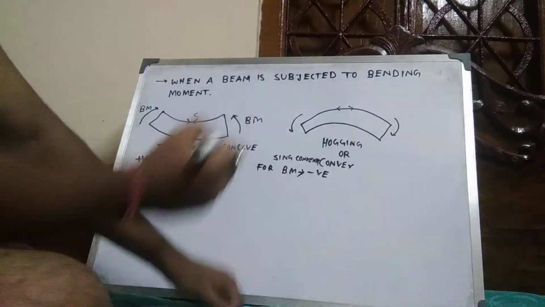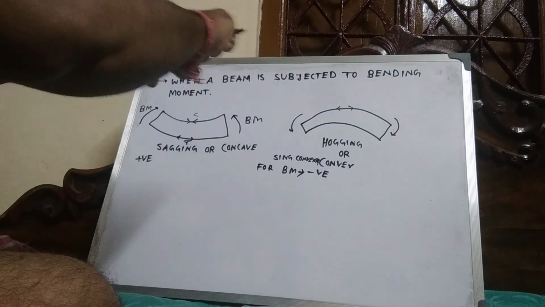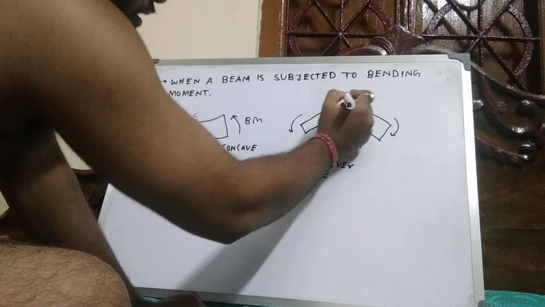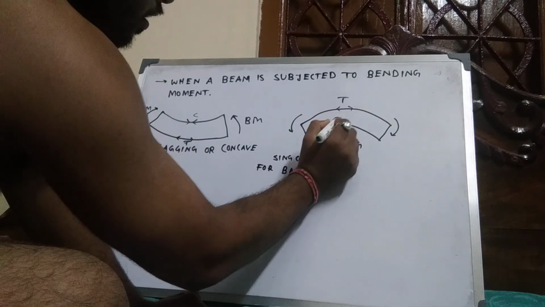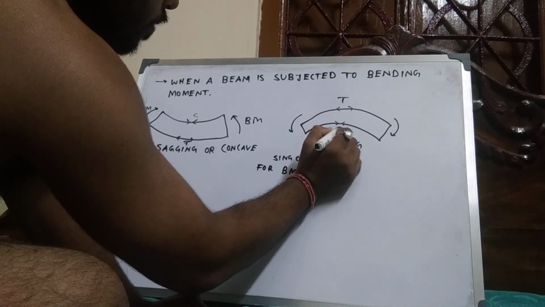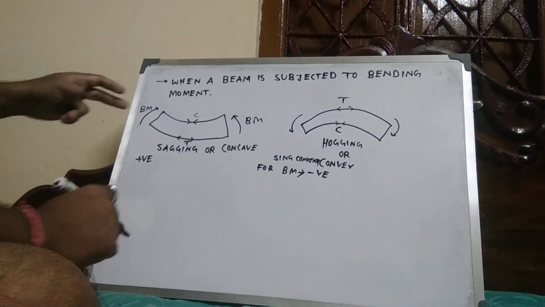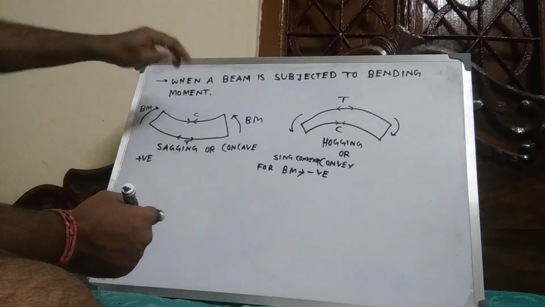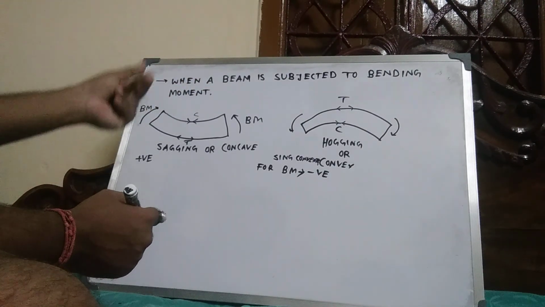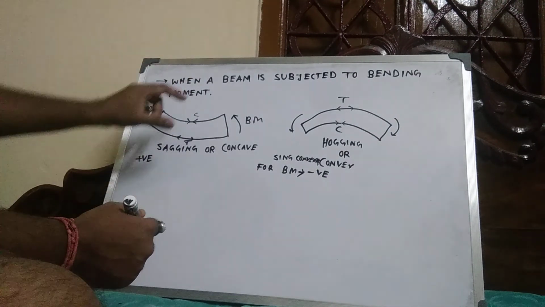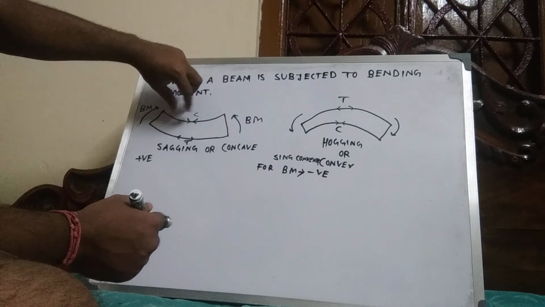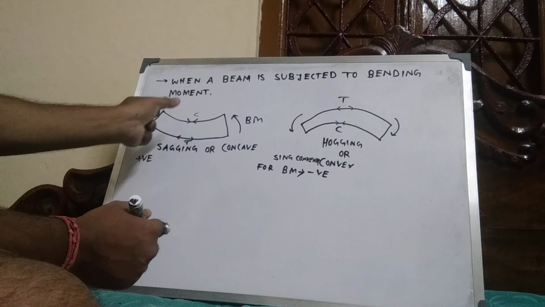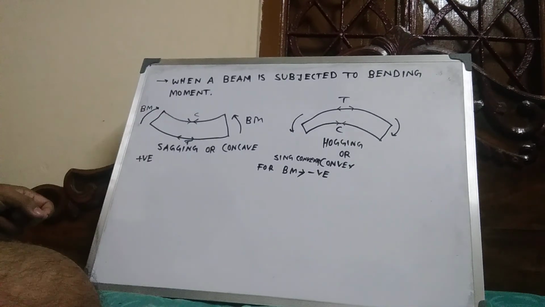You can easily understand this because it tries to elongate. So here tensile and here compressive, and the internal molecules of the beam provide resistance against tension at the upper fiber.